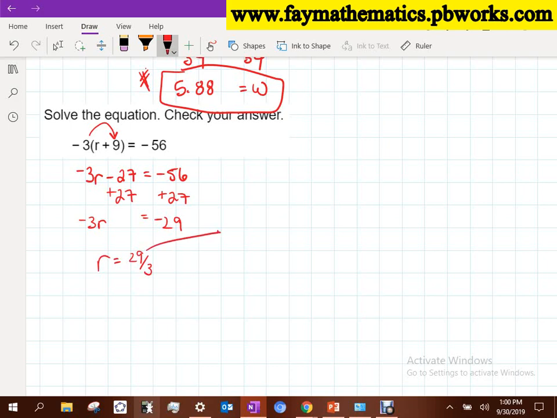Now, 29 is a prime number, meaning the only things that divide it are 1 and 29. 3 is a prime number, meaning the only things that divide it are 1 and 3. Because the 1 and 29 and the 1 and 3 aren't sharing any factors, the 29 is not shared by the 1 and the 3, and the 3 is not shared by the 1 and 29.